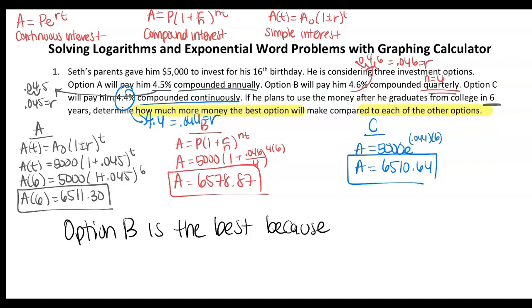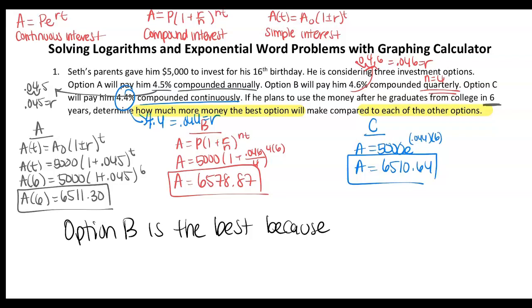Okay, so using your calculator, now that you know how to use the basic functions, take option B and let's compare it to option A. How much more money will you get if you use option B over option A? So what I mean by that is subtract both of these values. What are you going to get? Hopefully you got $67.57.